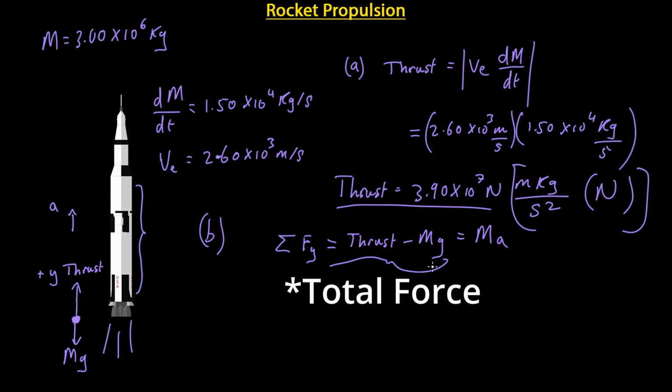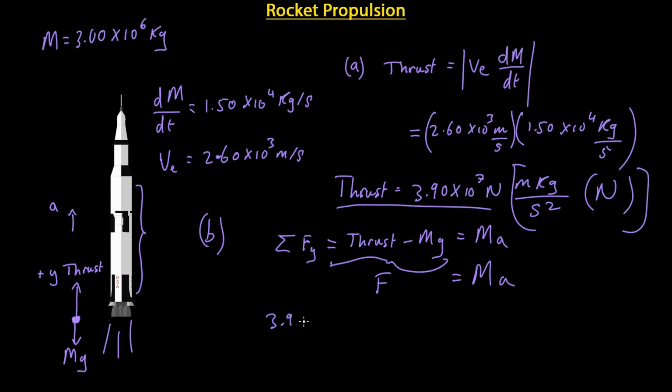This represents the total force acting on the rocket, which is equal to the rocket's mass multiplied by the acceleration of the rocket. So we can simply plug in these values. So the thrust is 39 million newtons, 3.90 times 10 to the 7 newtons, minus the mass of the rocket, 3,000 tons, 3.00 times 10 to the 6 kilograms, multiplied by the acceleration due to gravity, 9.81 meters per second squared.